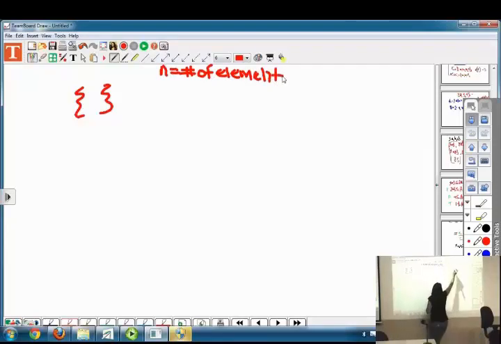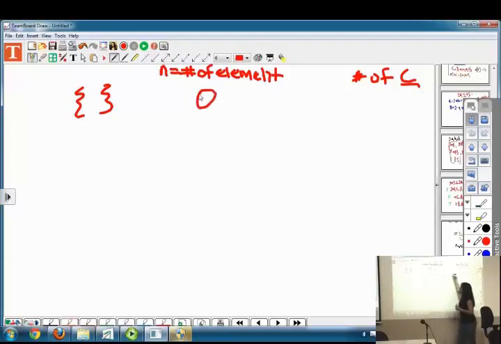There. And then let's say over here we have number of subsets. So if I have 0 elements, how many subsets do I have? I have 1, because the empty set is a subset of every set, right? So I have 1 subset.